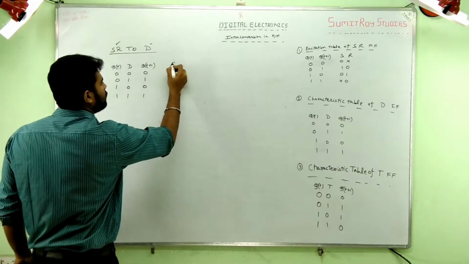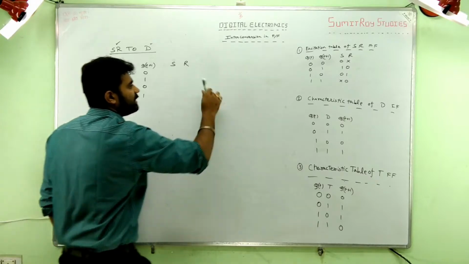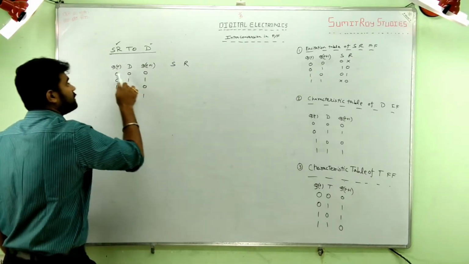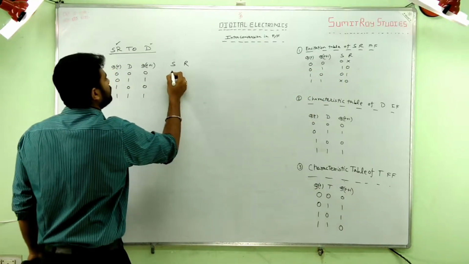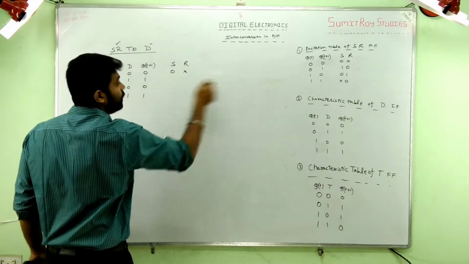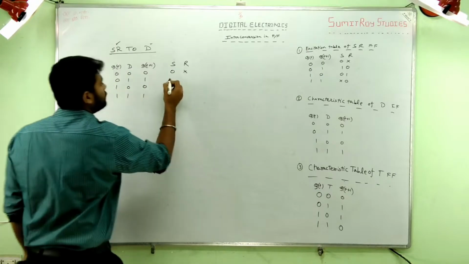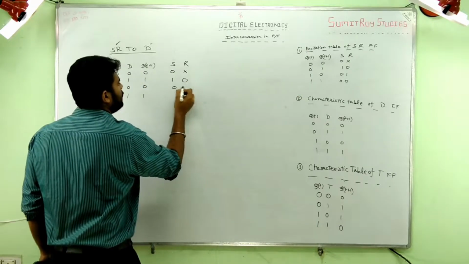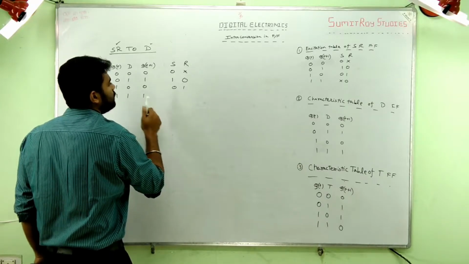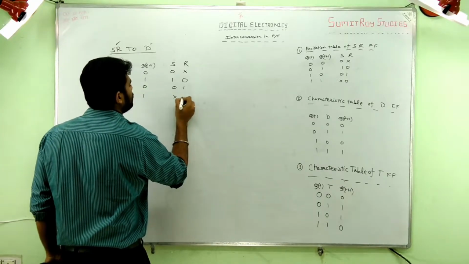And from this what we can write is S and R, that is the excitation: from 0 to 0, it's 0 cross; 0 to 1, it's 1, 0; 1 to 0, it's 0, 1; and 1 to 1, it's cross 0.